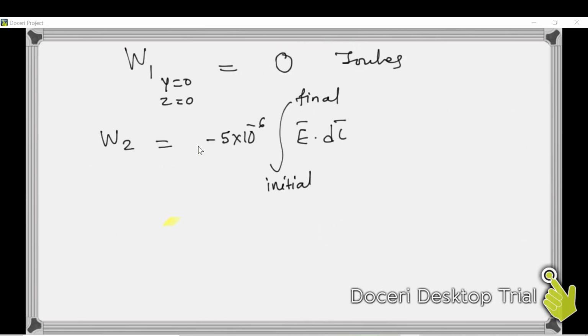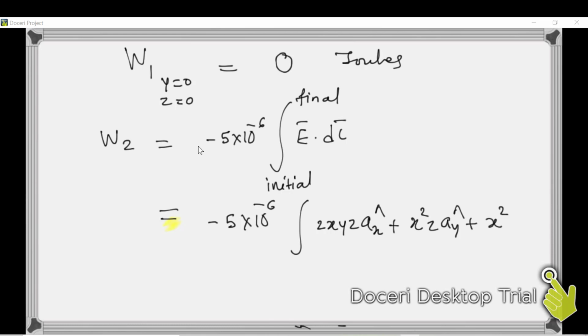So let us find out the final calculations. So minus 5 into 10 raised to minus 6 integration, we will write again the complete equation: 2xyz ax cap plus x square z ay cap plus x square y az cap dot. What is dl bar for the second path? It is dy ay cap because there is change in only y.